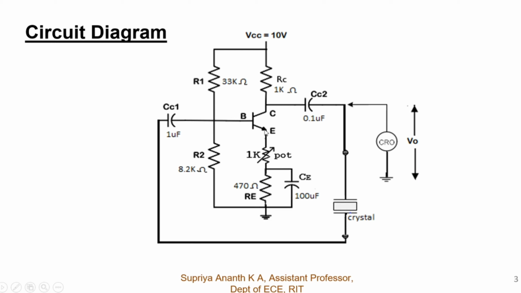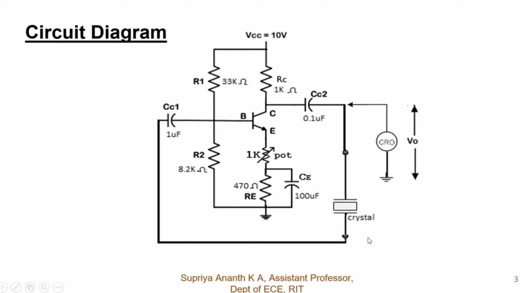You can observe we have made use of the emitter. Across the emitter, we have taken a variable pot, that is a variable resistance of 1 kilo ohm, and the emitter resistance as 470 ohms. We have a feedback across the emitter, CE, of 100 microfarad.